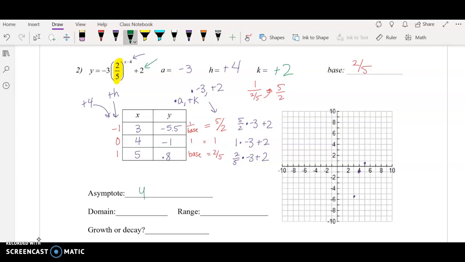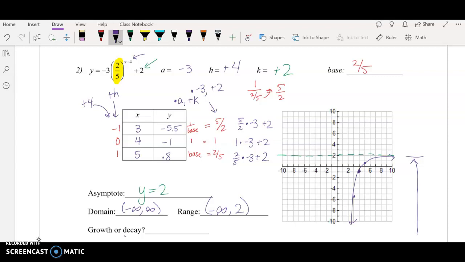We're going to graph our asymptote, which is going to be y equals 2. That's the line that our graph should get close to but never touch, and we can go ahead and connect all of those. Your domain is -infinity to +infinity. Your range is low to high, so this starts down at -infinity and goes up to our asymptote.